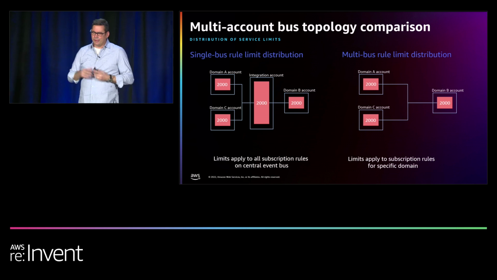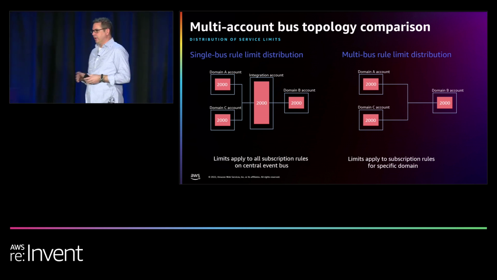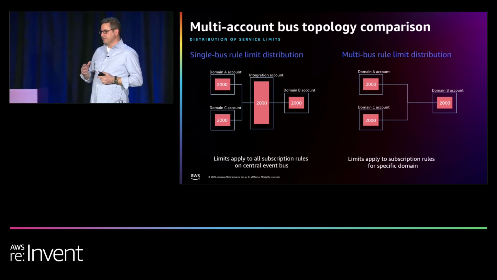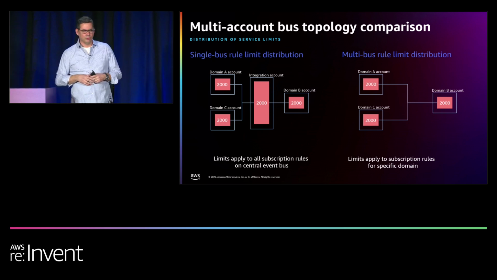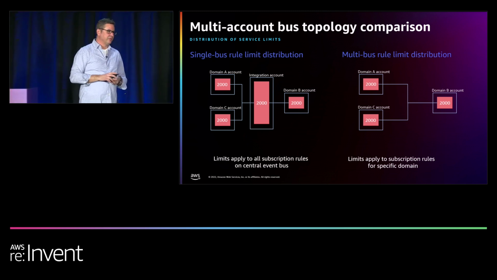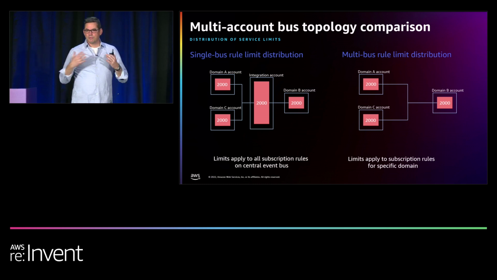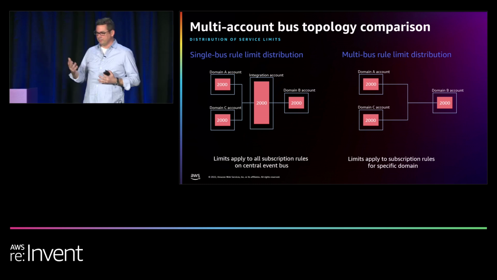Now, rules aren't the only thing that are distributed across your event buses. Event buses also have limits on the number of rules that you can have on each bus.